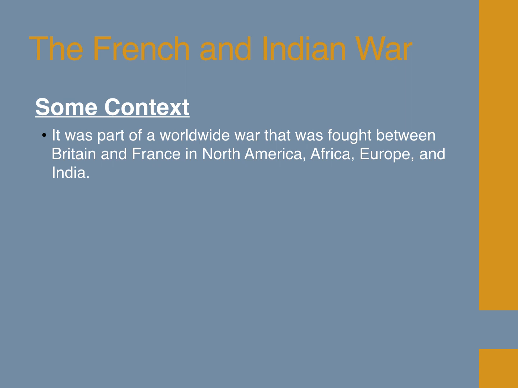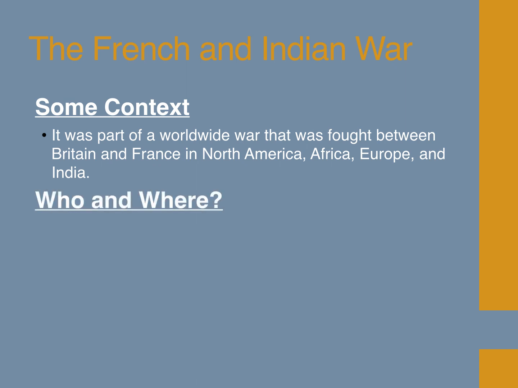This is really one of the world's first world wars, not like World War I or World War II, but a war fought all over the world, okay? It's between these two great colonial rivals. Britain and France had established themselves as the major colonial powers in the world up to this point. Spain had lost some of its influence internationally, and so these two rivals are vying for power globally.